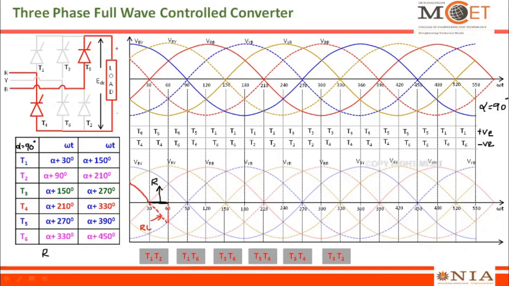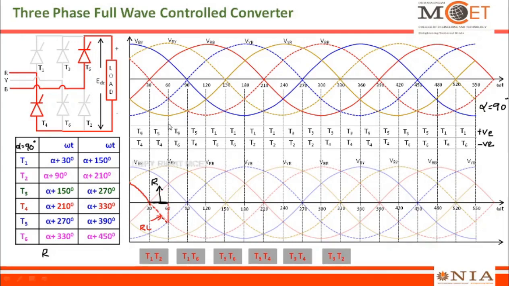The load current has become 0 here because of R load, so the next 30 degrees becomes discontinuous. If it is an RL load, the load current might not have become 0, so the thyristors might have been conducting for the next 30 degrees also. So the load voltage will become something like this in the case of RL load. This is where the differentiation lies between R load and RL load for alpha equals 90 degrees, whereas in the previous cases, there is no difference.